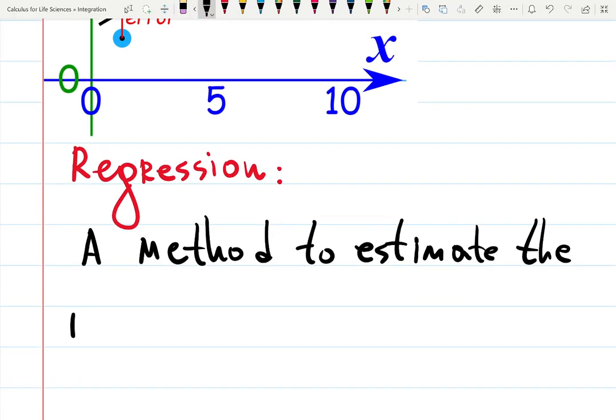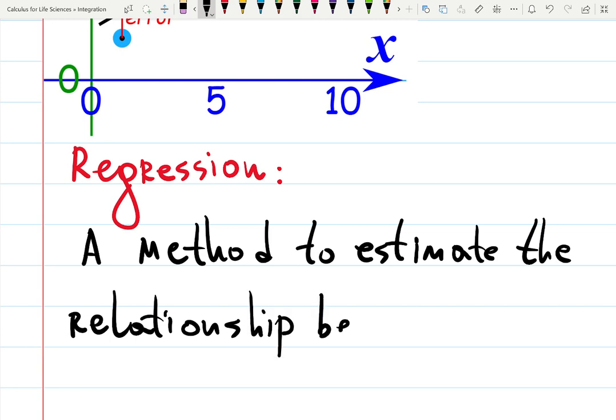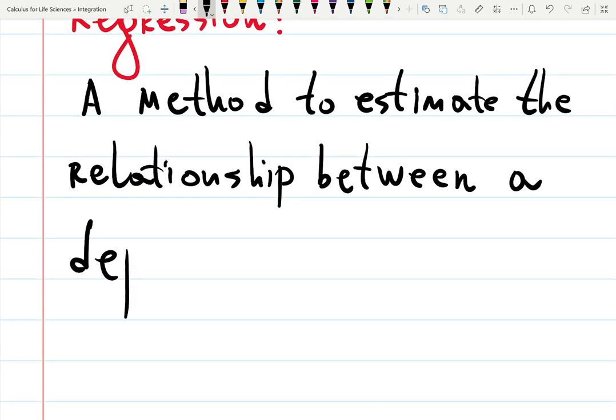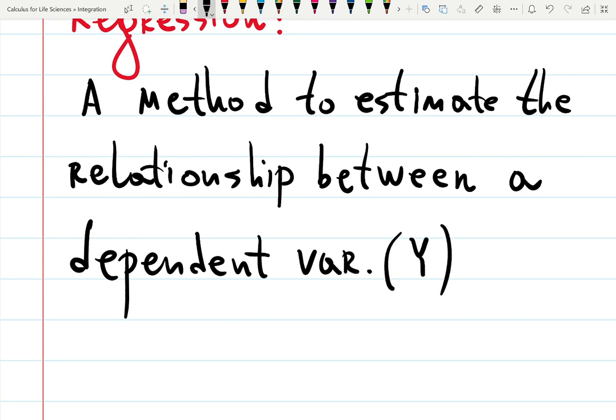To estimate the relationship between a dependent variable, var, that's variable, I like it. Let's call it y. Y is capital Y, though it's not necessary to make it capital, just your y.